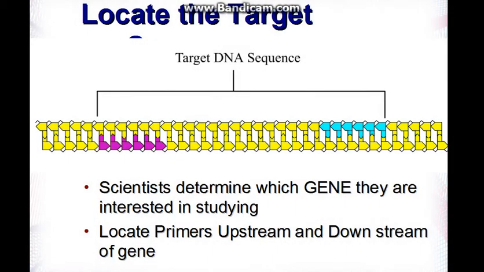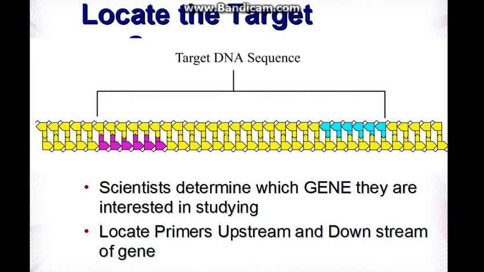Now, how will the basic procedure of PCR take place? We will discuss this procedure in detail also. Just briefing, what is the PCR? Firstly, we will locate the target DNA sequence which we want to study. In this, the purple and the blue part, the DNA in between this part is the target DNA sequence.